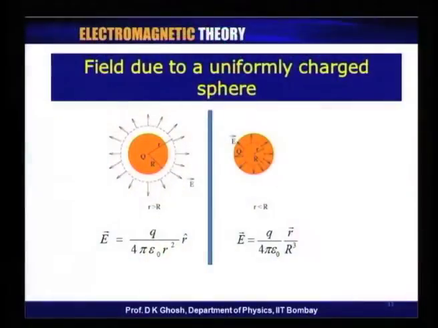Let me come to yet another example. So, let me take a uniformly charged sphere. There is a uniformly charged sphere containing charge q. Now, let me illustrate this here.